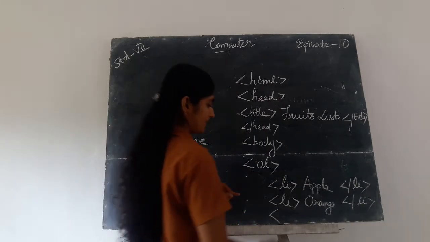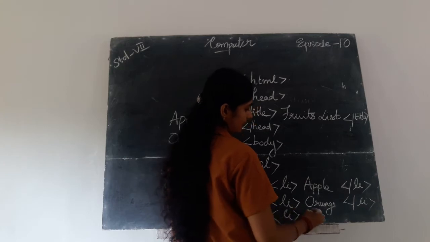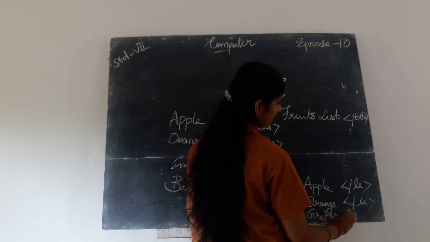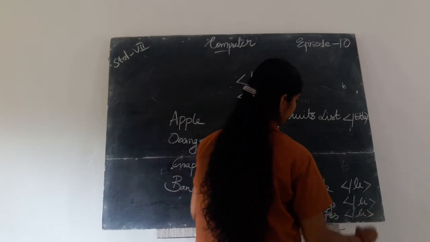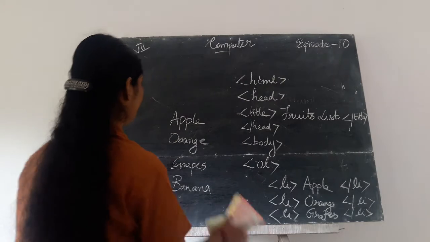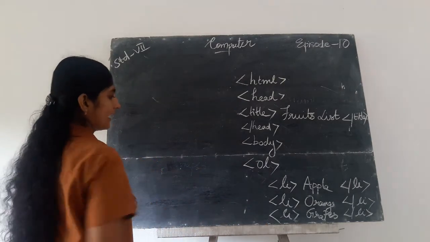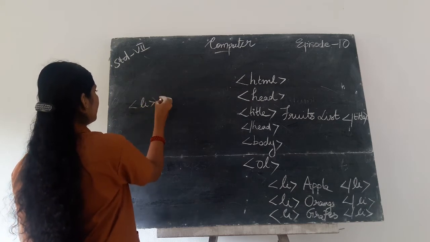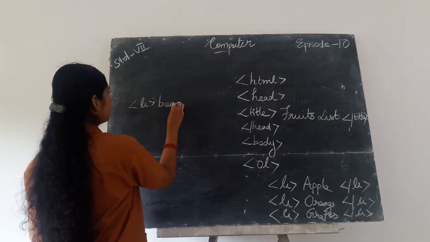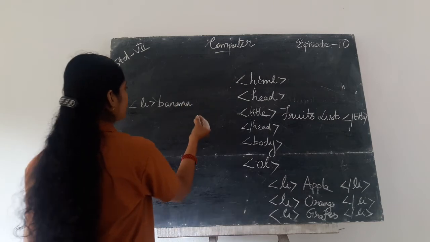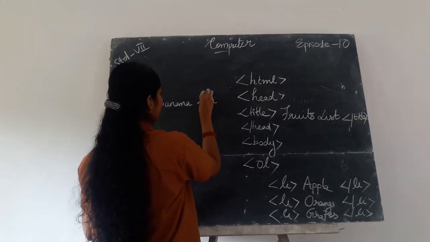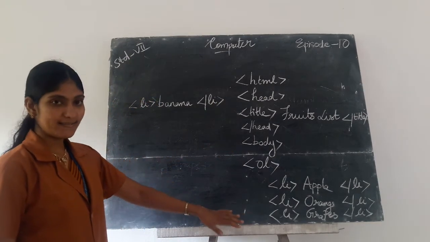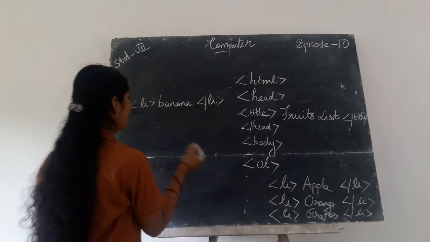Next fruit is grapes. So open LI, then grapes. Then close LI. Next is banana, right? So LI, then write banana. Then close LI. After writing all the list of fruits, close the OL part.